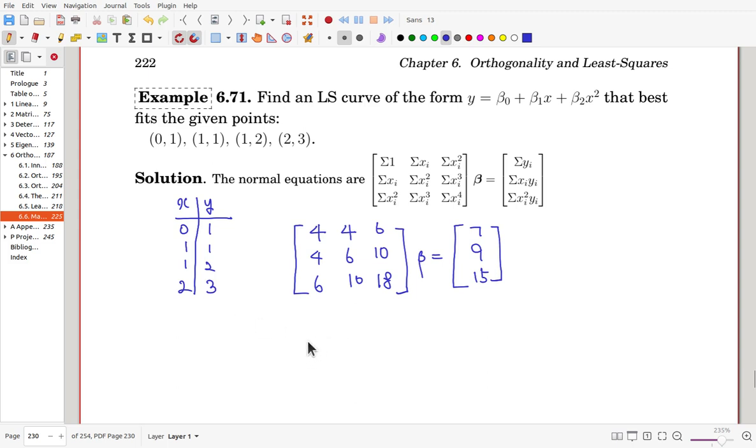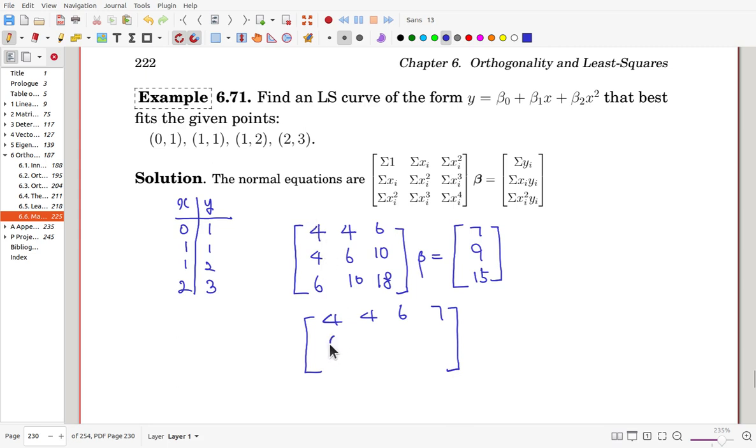So we can solve this problem by using elementary row operations, starting from the augmented matrix. We write the first row as 4, 6, 6, and 7. For the second row, we directly apply row operations, replacement, subtraction.